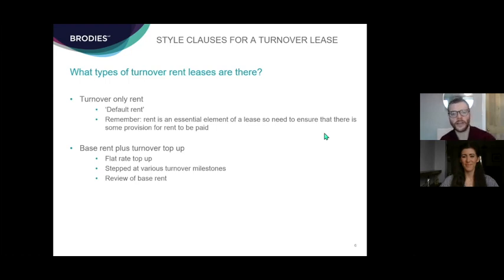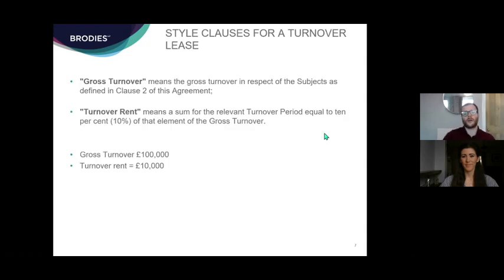If we flip on to the next slide, I just wanted to take you through a very basic example here of how gross turnover and turnover rent interact with each other. So this is a style that we'd see typically in an agreement, and this here is just for a straightforward turnover rent as a percentage of gross turnover.